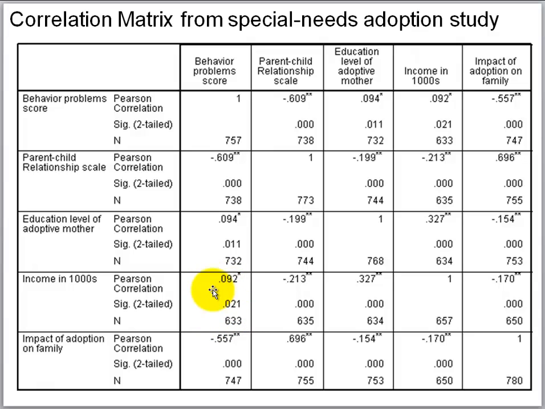My eye is drawn to the strong correlation between behavior problems score and parent-child relationship scale score, a correlation of about -0.61, so that's a very strong negative relationship. What researchers do is explore different correlations, trying to see which ones are larger or smaller than might have been predicted, perhaps.